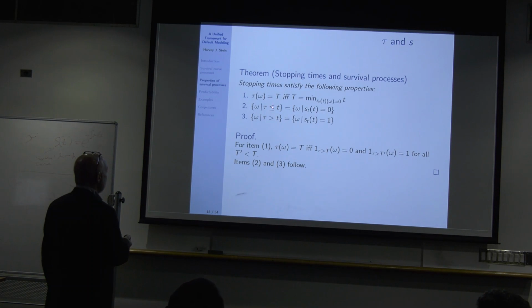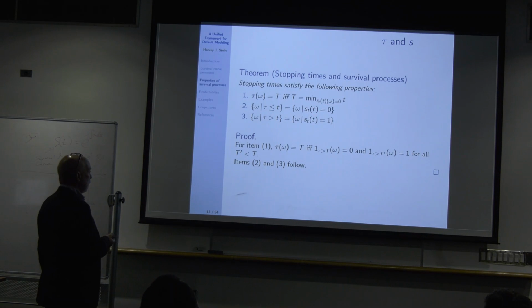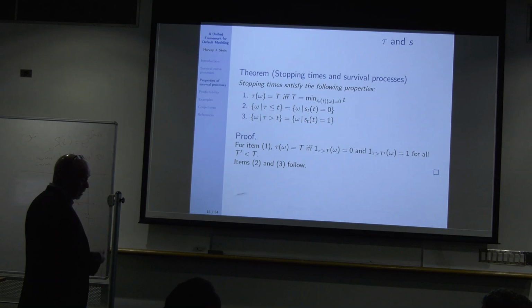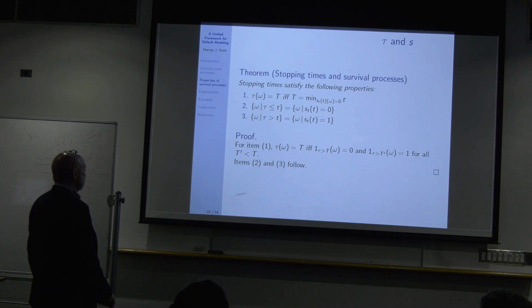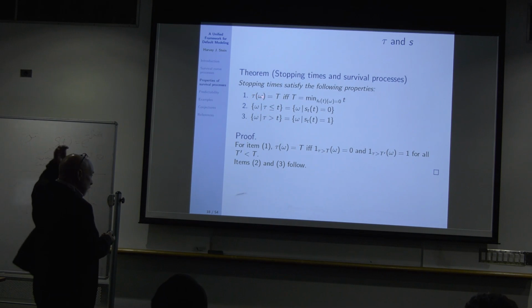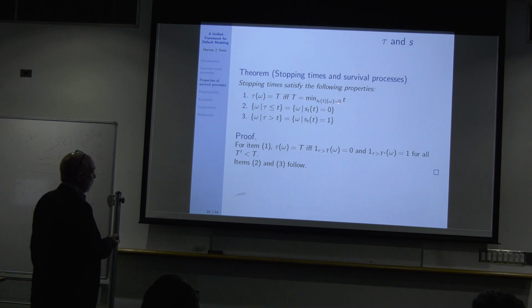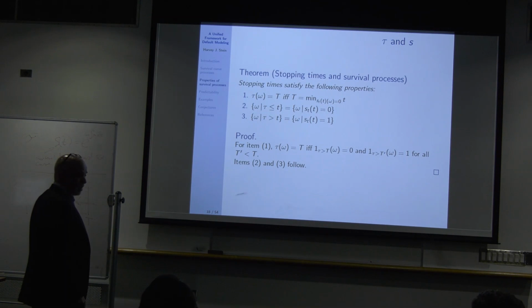Similarly, the set of states at which you've already stopped by time little t is the set of states where S_t(t) is 0. And similarly, the states where you haven't stopped are the ones where S_t(t) is 1. What's the first condition? You're stopping at time cap T if and only if cap T is the first time that S becomes 0.